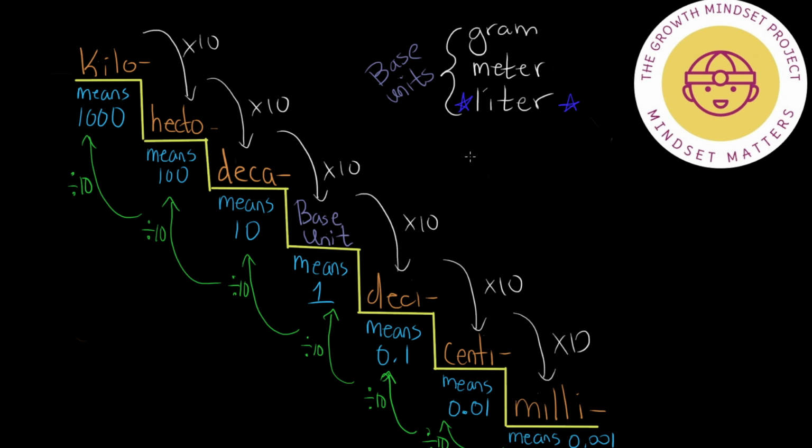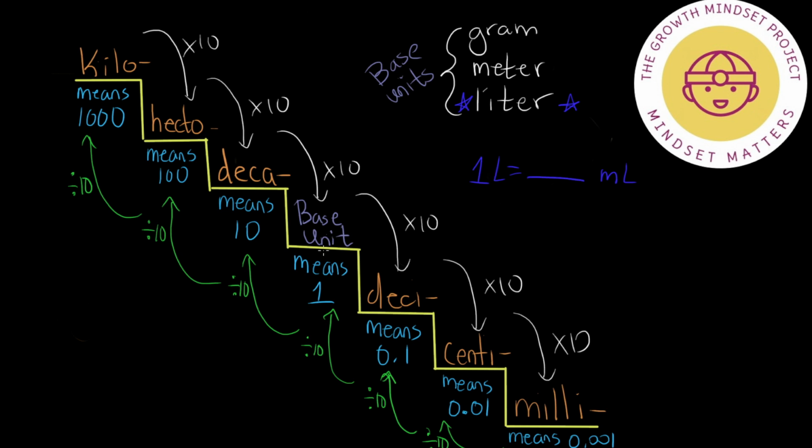So if I were to show you 1 liter, that would be this section right here, because a liter is a base unit, and the base unit just means 1. And we wanted to find out, well, how many milliliters are in 1 liter?